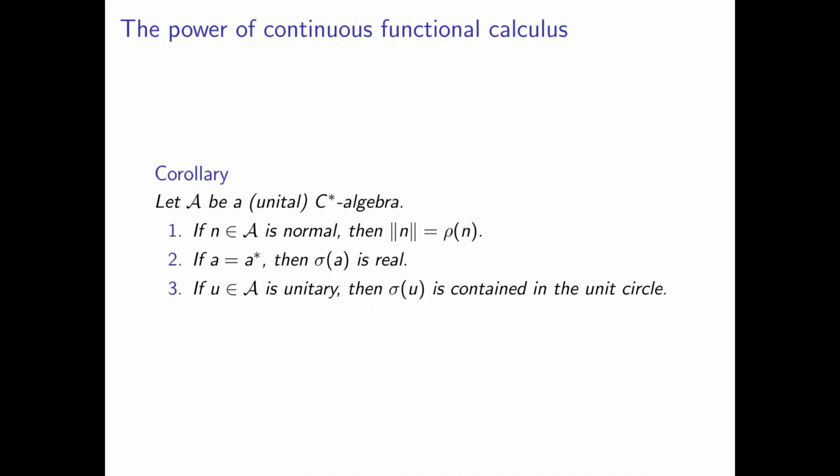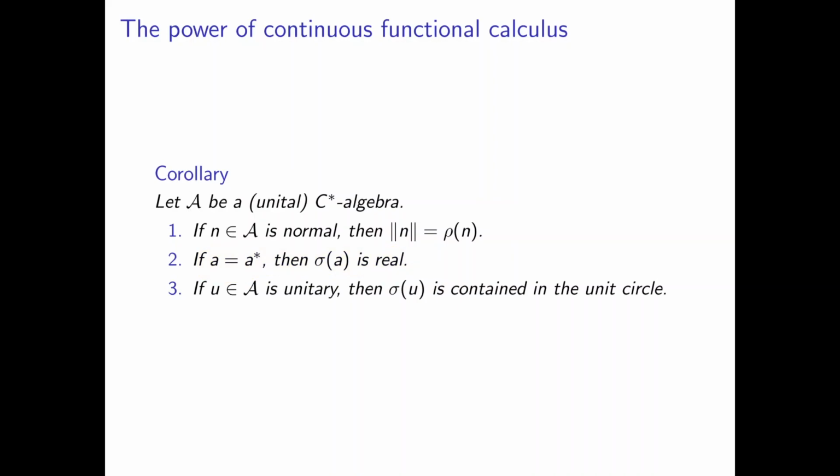Then first off, if n is a normal element, then the norm of n is just the spectral radius of n. Okay, that's a nice statement in and of itself. And then secondly, if A is a self-adjoint element, then the spectrum of A is real. That's not obvious, but we shall see.